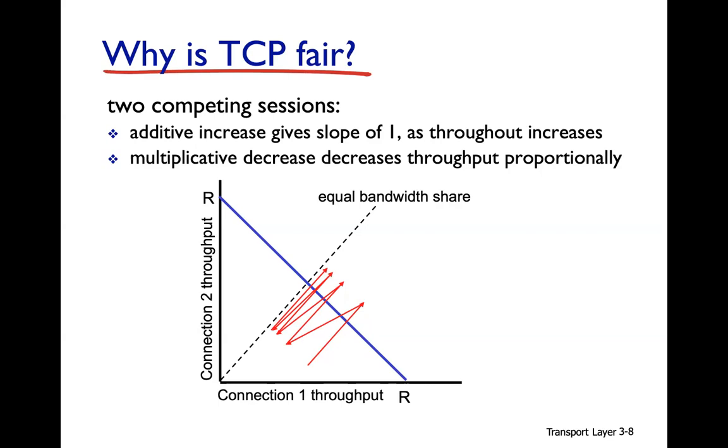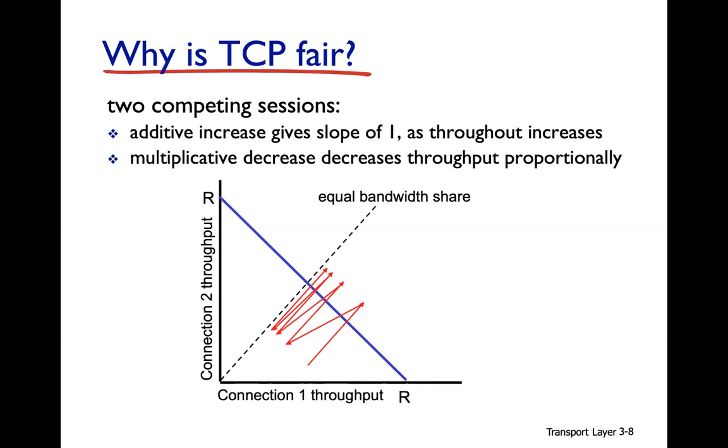By this analysis, we know that if they keep sending data, they will finally achieve equal bandwidth share. You can use queuing theory or stochastic processes to analyze it mathematically, but this is the picture when we deal with the congestion window.